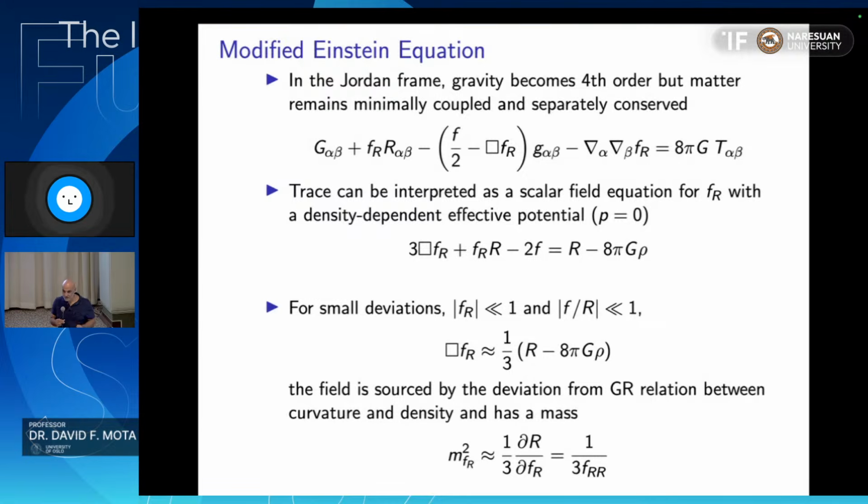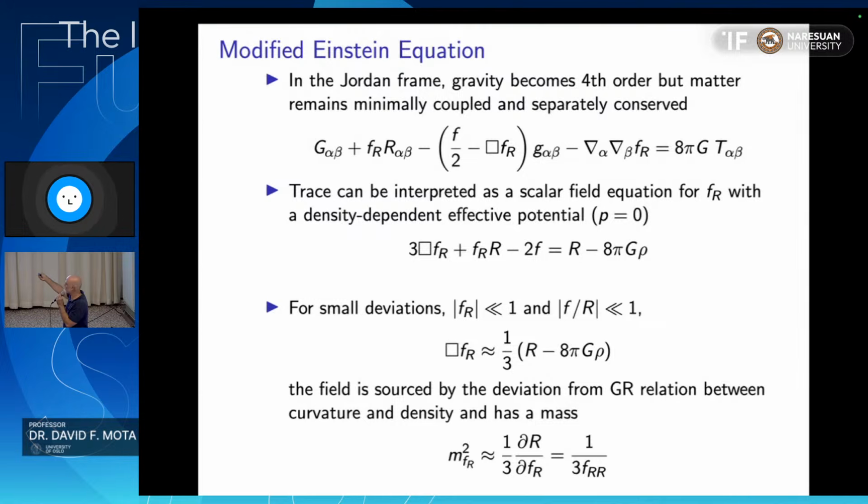Sorry, I don't understand why the trace of that equation can be interpreted as a scalar field. It does not. I'm just saying it looks like it, but I will show you, I think on the next slides, that it can really be a scalar field. I'm just showing that it resembles a Klein-Gordon equation.